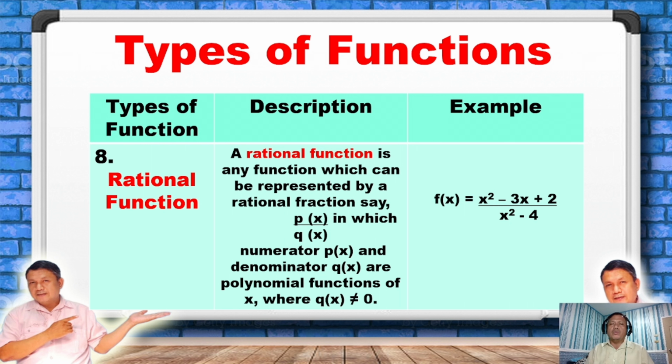Okay, again, from the word ratio, it means it is a fraction. Kapag nakakakita tayo ng ganito, f of x is equal to x squared minus 3x plus 2 over x squared minus 4, naka-fraction po siya. Kaya tinawag po na rational function yan.